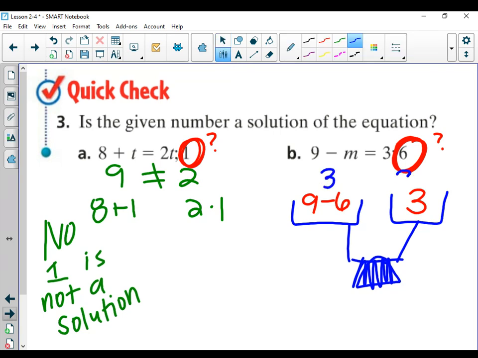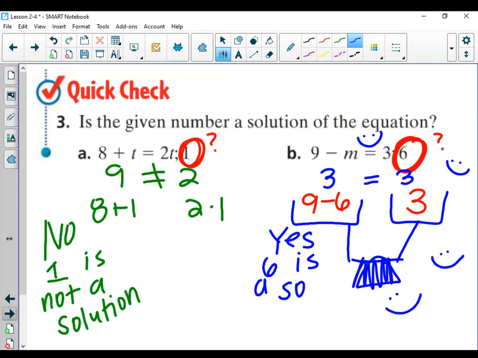Right side, already 3. Equals. Yay, yes. 6 is a solution.